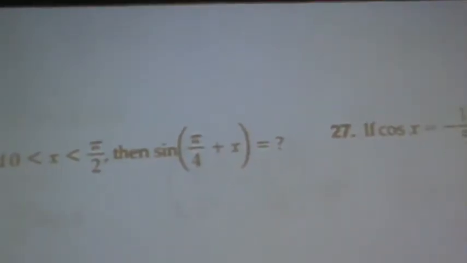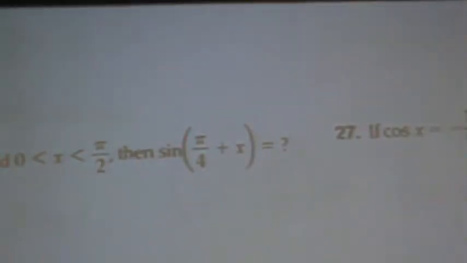Okay, 25 is the next one. So, it says if the sine of x is 1/3, and this tells us that our x value lies between 0 and pi over 2.